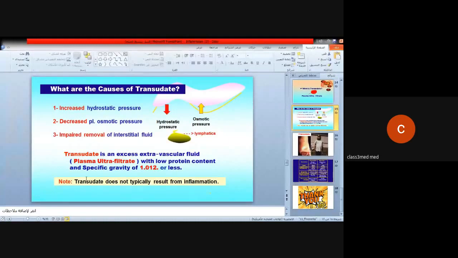And the transudate does not form in acute inflammation, or forms very early in acute inflammation, while exudate is formed in acute inflammation.